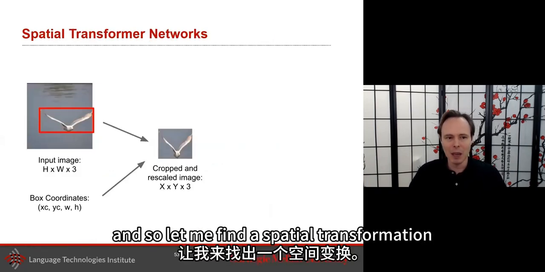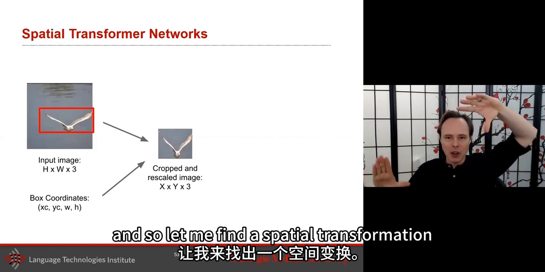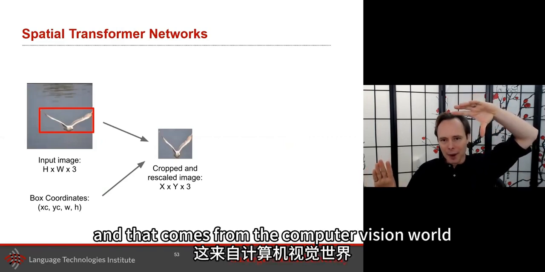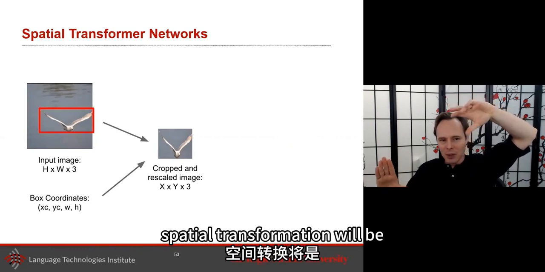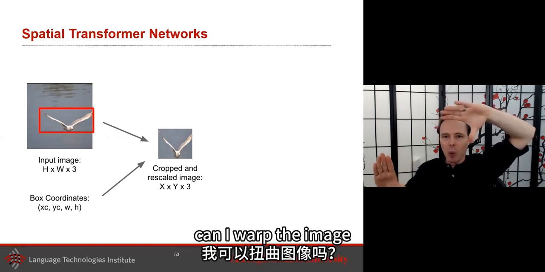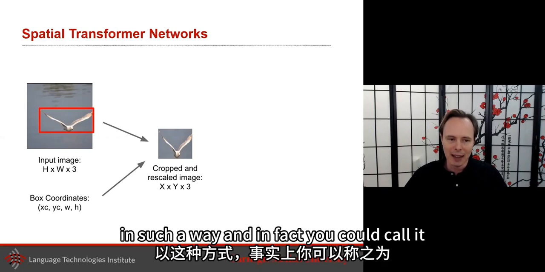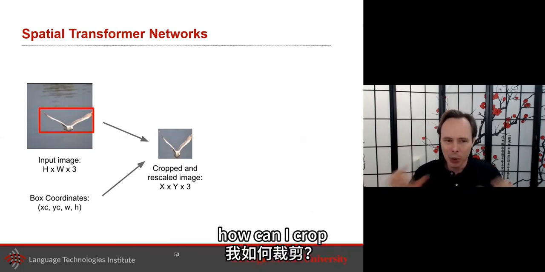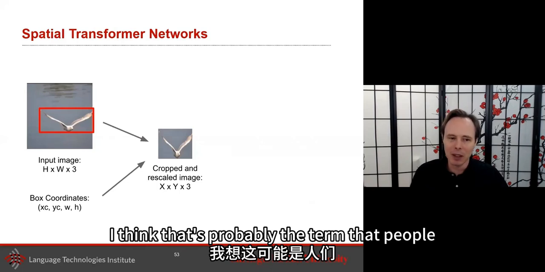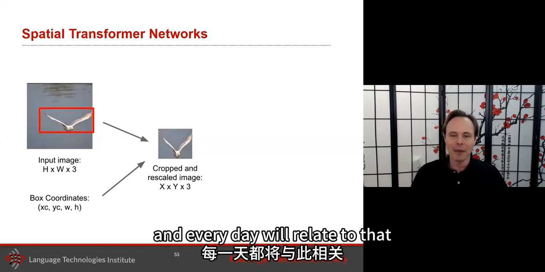And so let me find a spatial transformation, and that comes from the computer vision world. Spatial transformation will be, can I warp the image in such a way? And in fact, you could call it, how can I crop? I think that's probably the term that people every day will relate to.